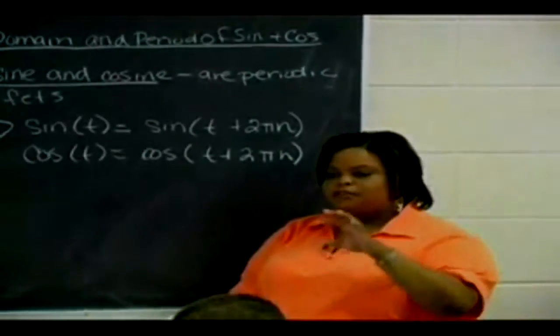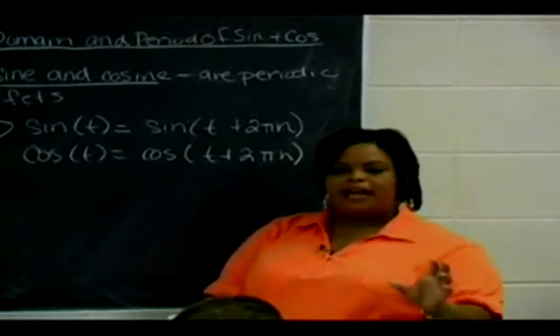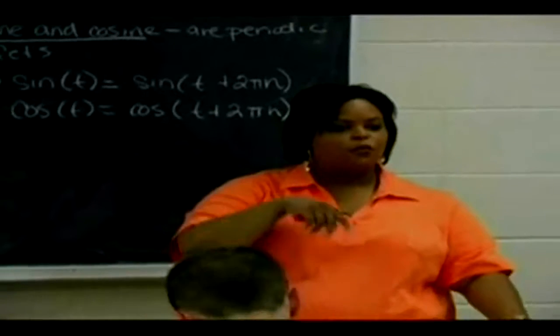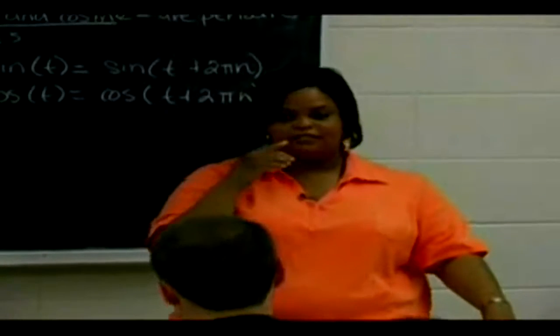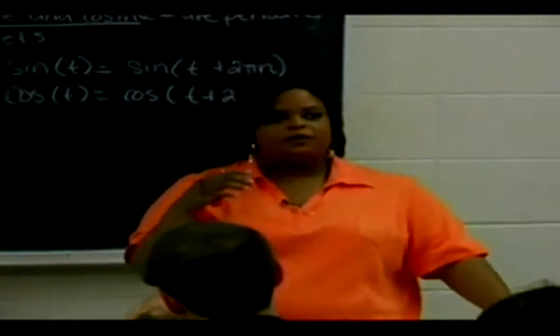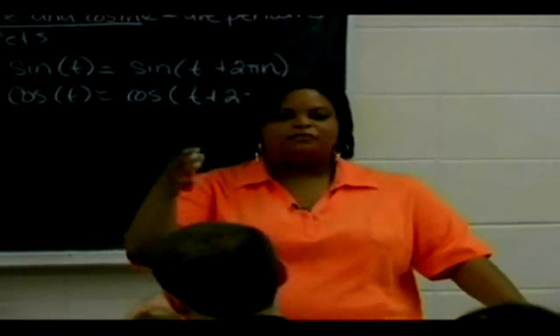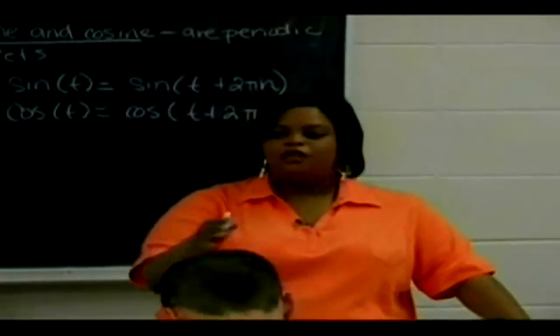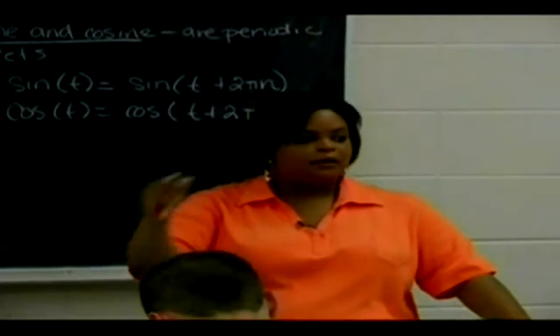Now, going from 0 to 2 pi and finding our sine values represents one revolution of the sine graph. Kind of like when we were talking about coterminal angles, adding 2 pi. You can add or subtract 2 pi. Well, I have gone one full revolution when I go from 0 to 2 pi.